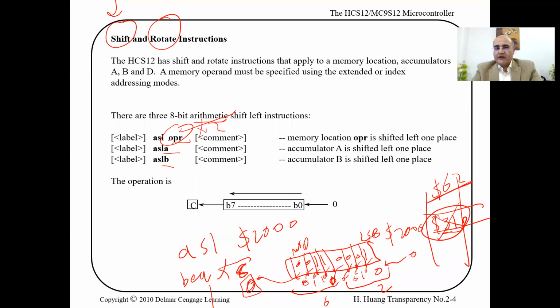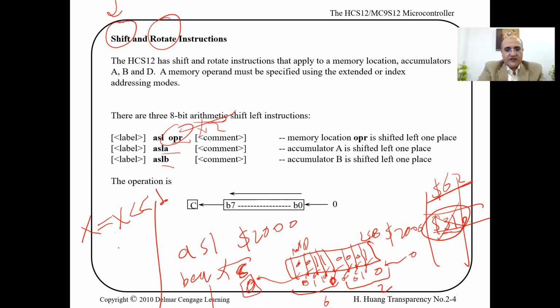Okay. And you can even do shift in C, right? This is in assembly, but if you want to do it in C, if you want to shift a number X left, you do X shift left one time, right?